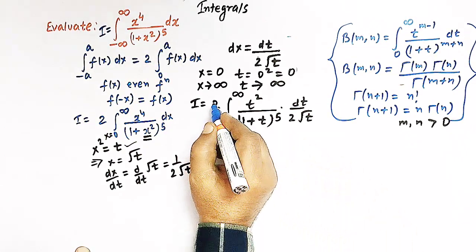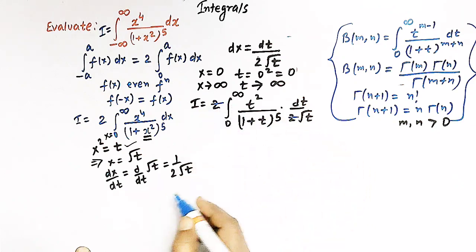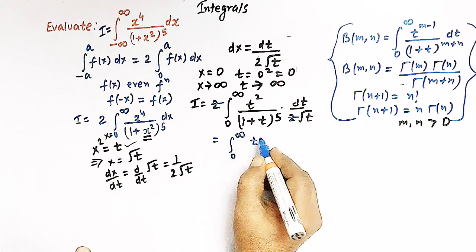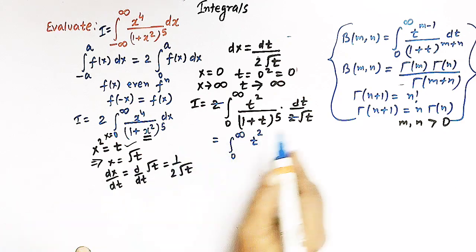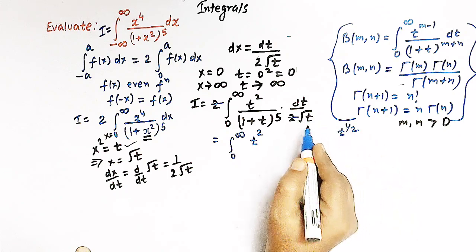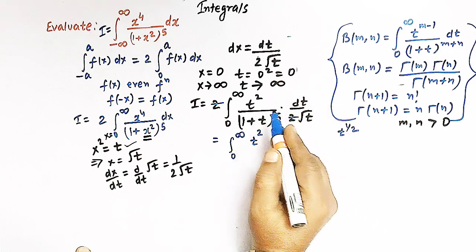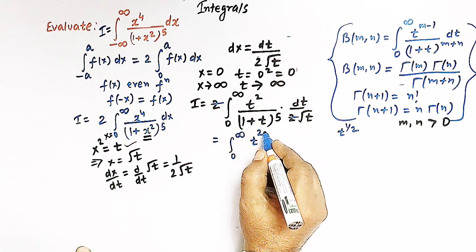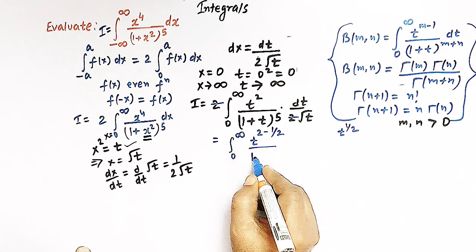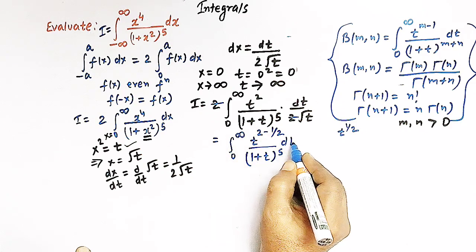So now we can easily observe that this 2 and this 2 get cancelled, and we have 0 to infinity. Then we have here t square, and here we have t raised to half, right? So taking t raised to half to the numerator and applying the laws of exponents, we have 2 minus half, and here we have in the denominator 1 plus t raised to 5, and here we have dt.